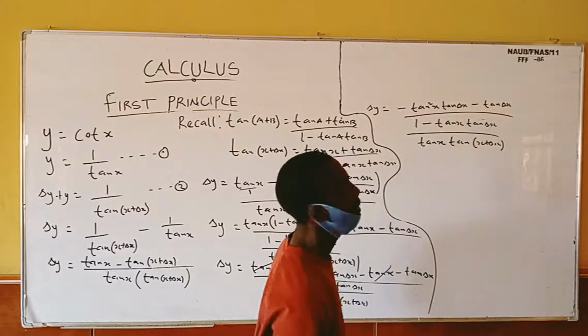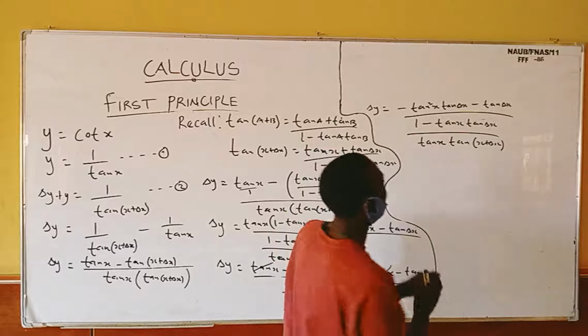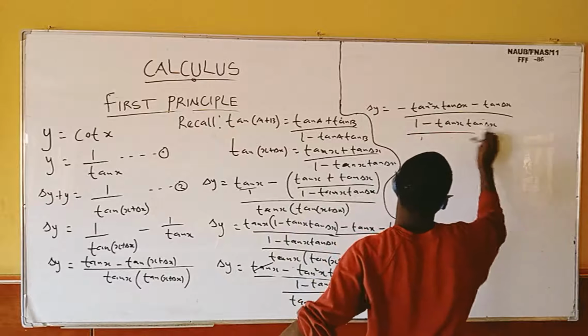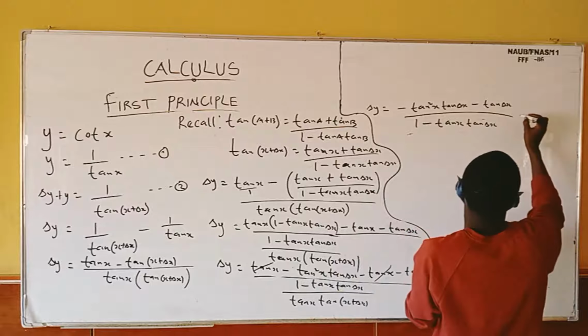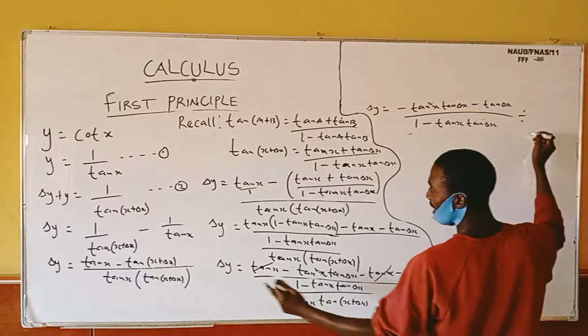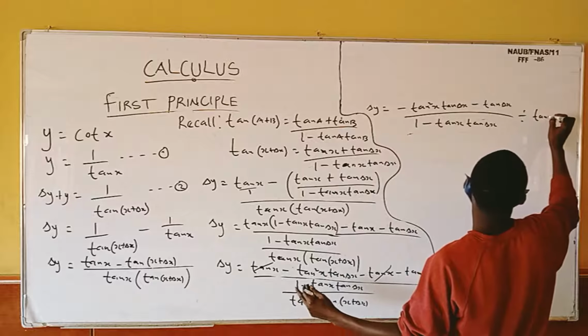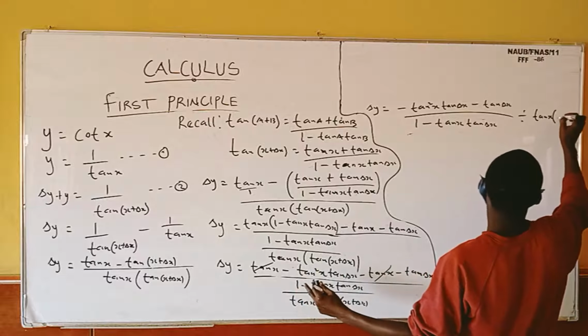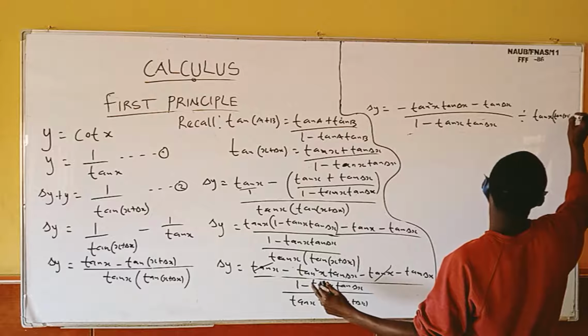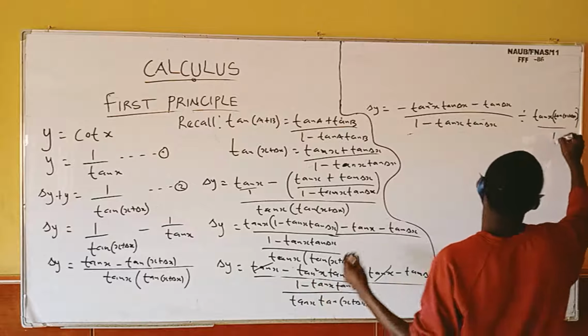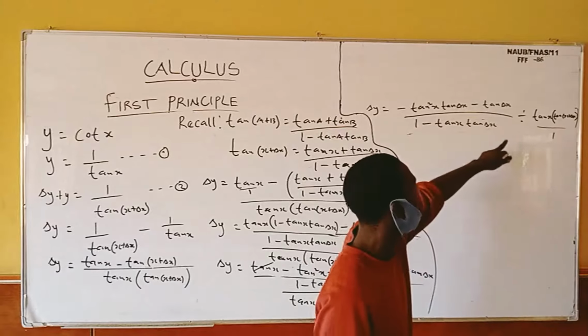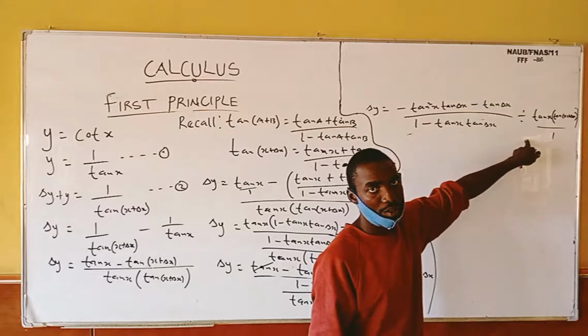To save time, what is here, I can rewrite this as this. I can write it as divided by tan s into tan s plus change in s. Then your free bracket all over 1. Don't forget, if you change to multiplication, are you getting that?